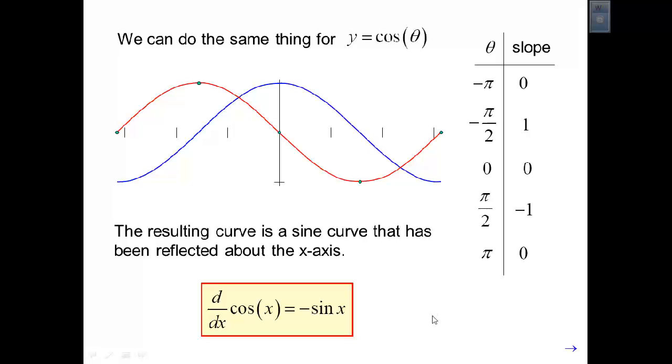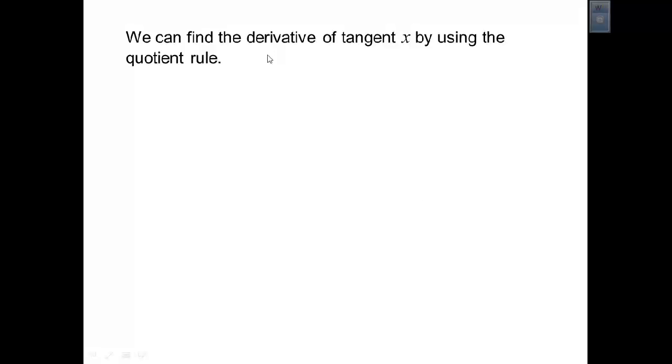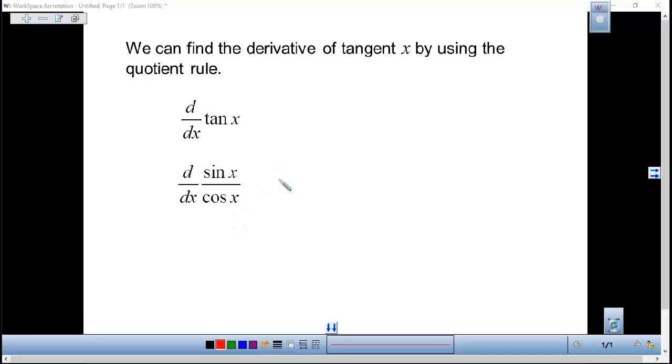All right, so knowing those two things, we can actually work on finding the derivative of tangent by using the quotient rule. So if we have the derivative with respect to x of tangent x, we can think about that as sine x over cosine x, and if we take the derivative of that, remember it's going to be bottom cosine x times the derivative of the top.